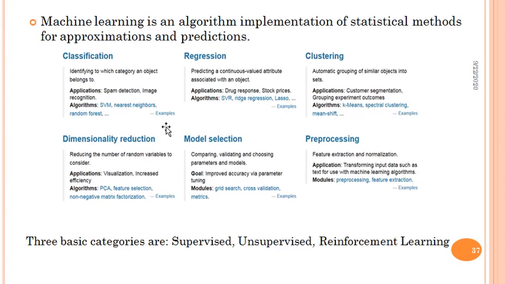The next thing is to perform regression. Regression means to predict a continuous value attribute associated with an object, right? It is a little different from classification, because in regression we are not classifying instances, we are trying to predict the value associated with an object. There are numerous applications of regression, such as drug response and stock market prediction, where people try to predict the stock market based on regression analysis.